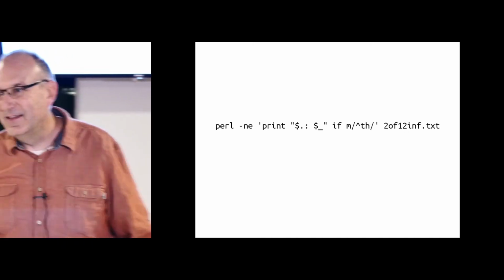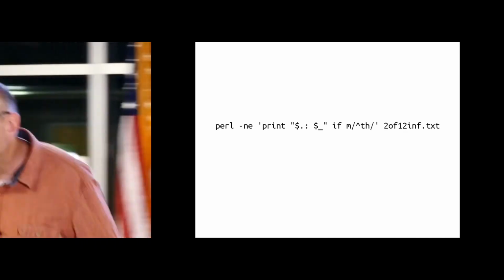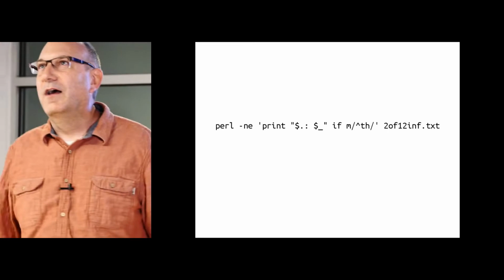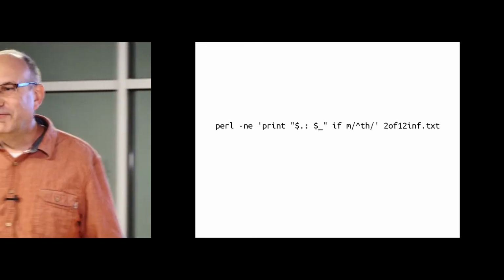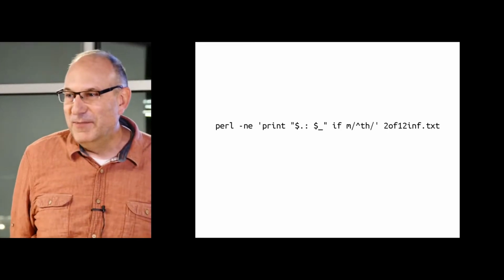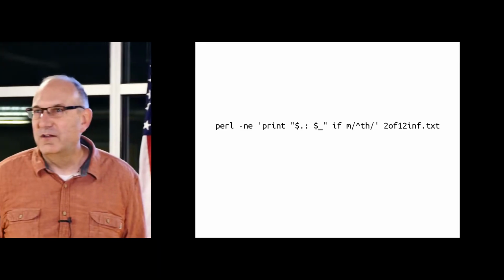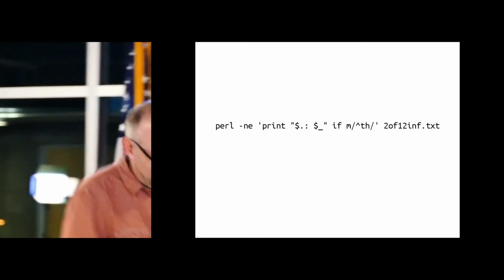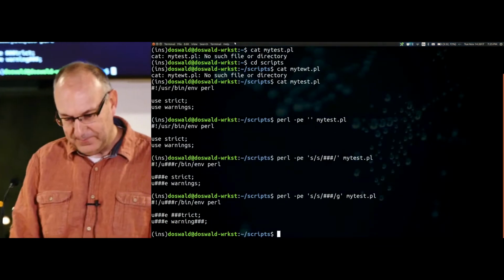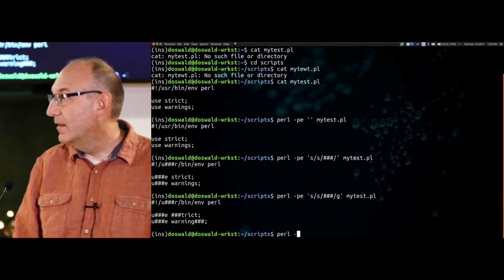Can you put an N and a P at the same time? Technically, Perl would allow it, but I don't know what the behavior would be. I don't think that it would be useful. Let's try. Let's see if it even allows it.